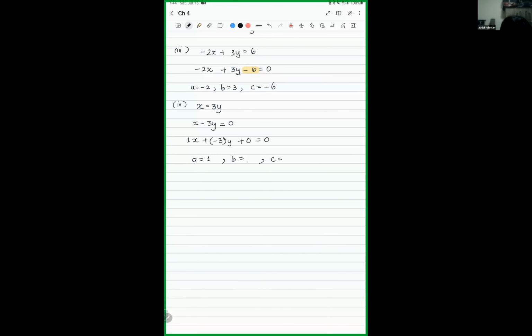Now A is 1, B is minus 3, and C is 0. Okay, good.